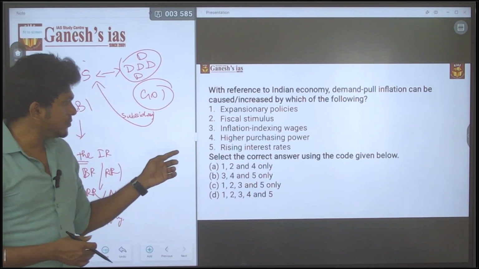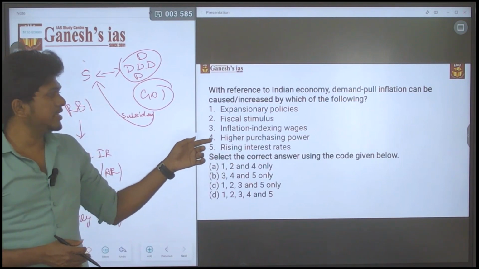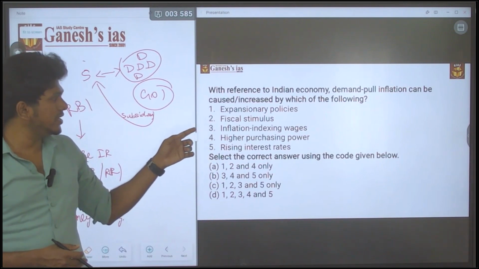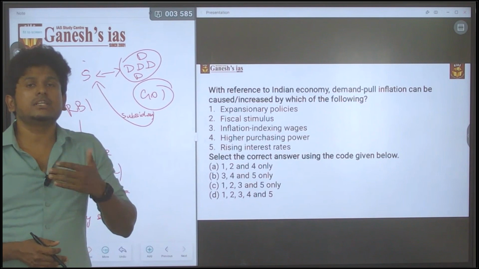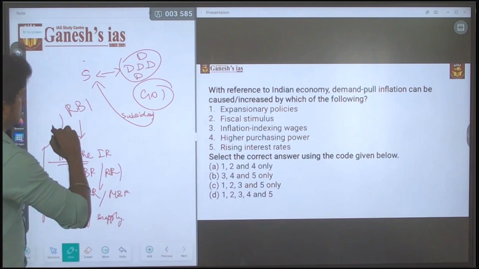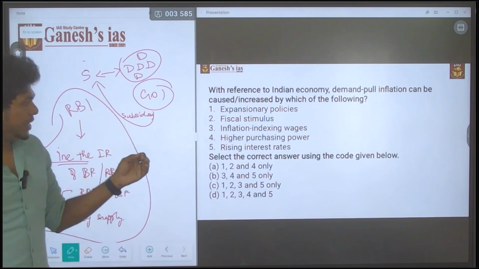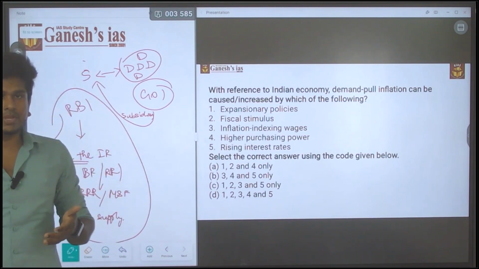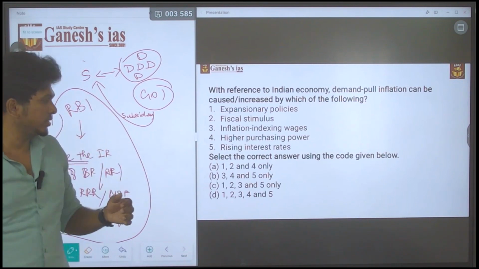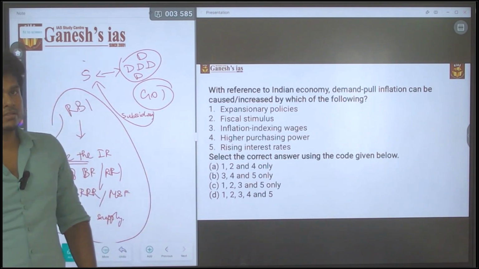So the statement is wrong. If the statement said decreasing interest rate, it would be correct, but rising interest rate actually reduces demand pull inflation. So eliminate the fifth statement.